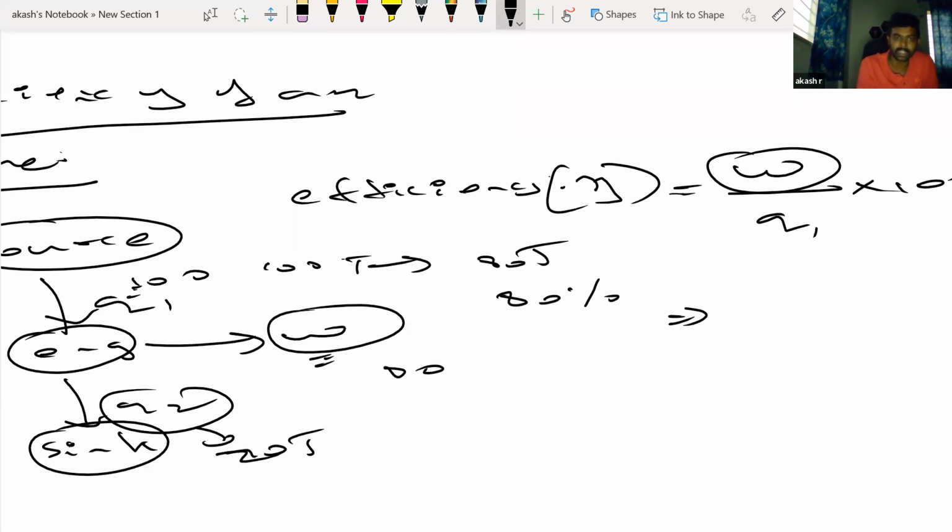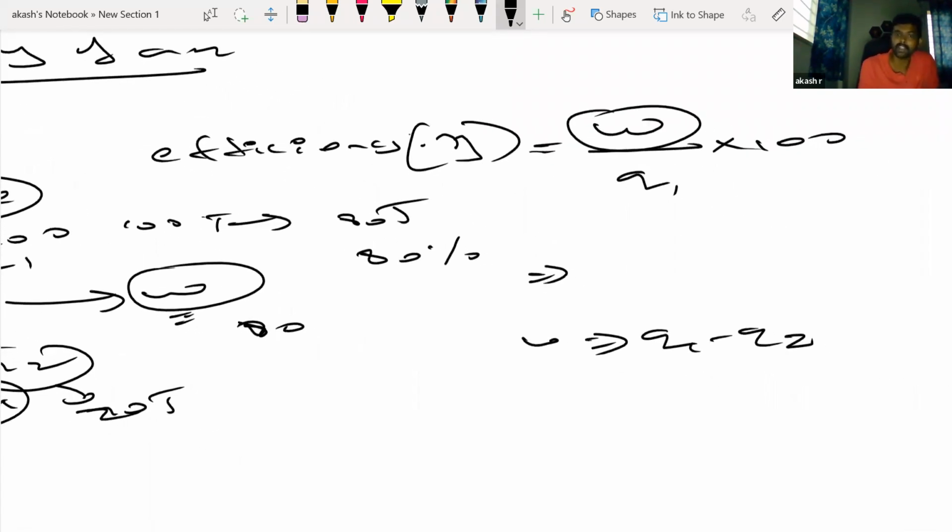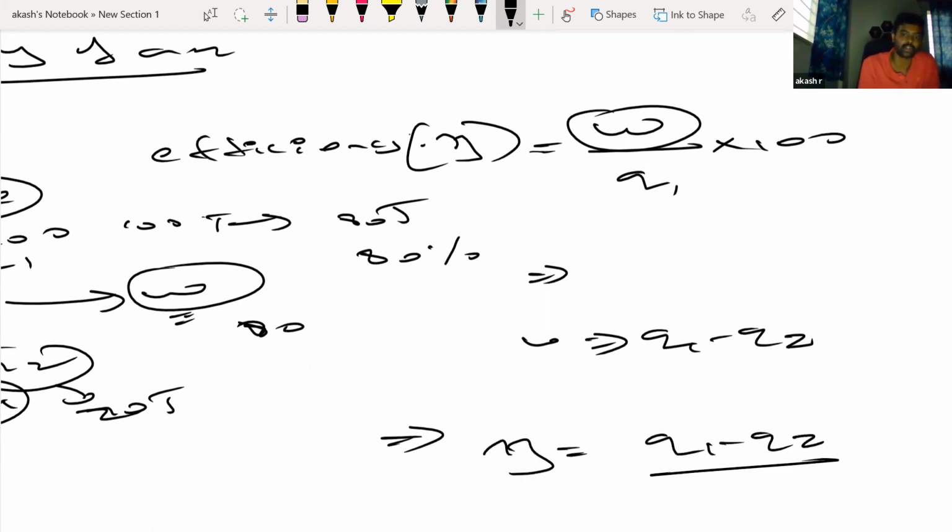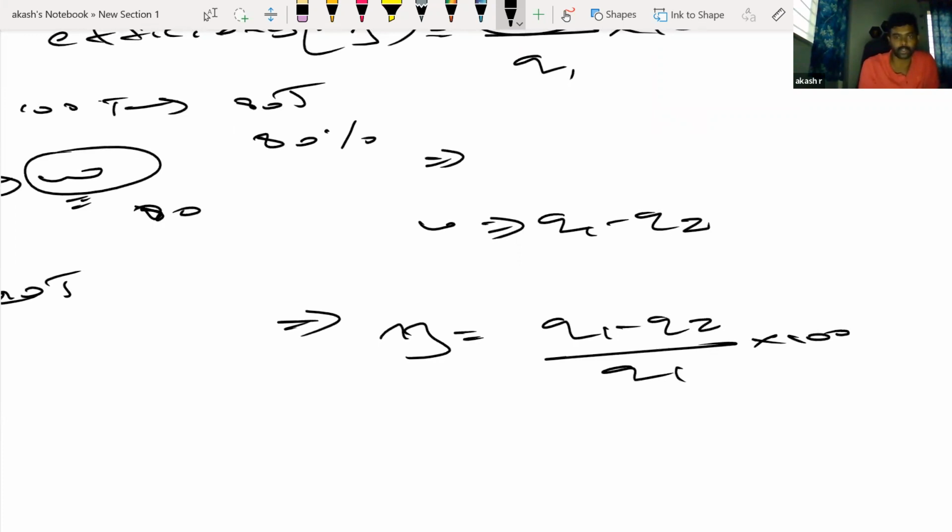So W is also equal to Q1 minus Q2. Now we can write the efficiency as Q1 minus Q2 divided by Q1 into 100, because I'm changing W to Q1 minus Q2.